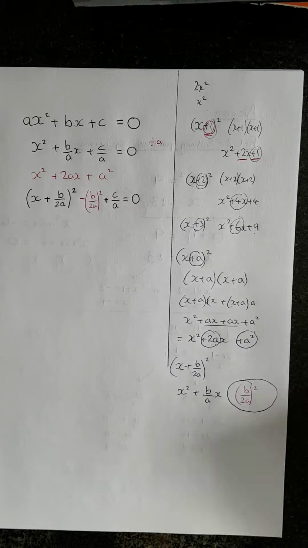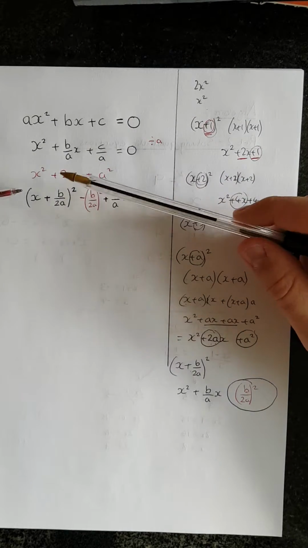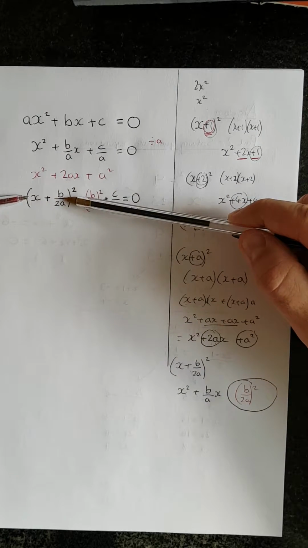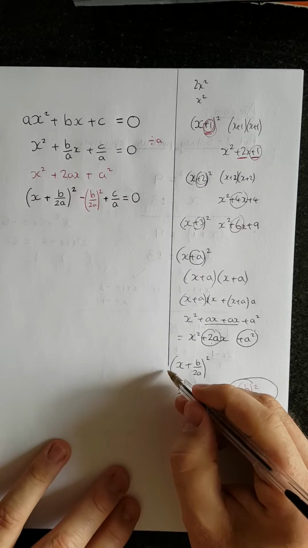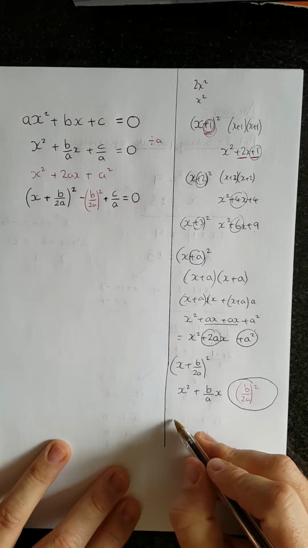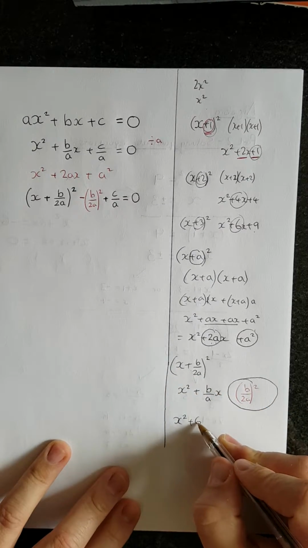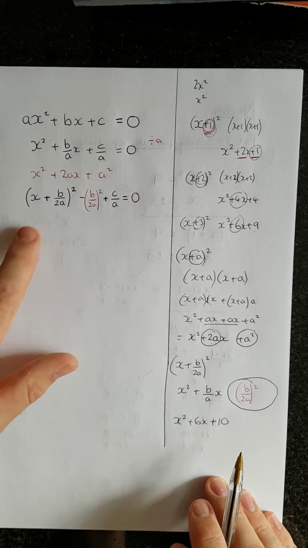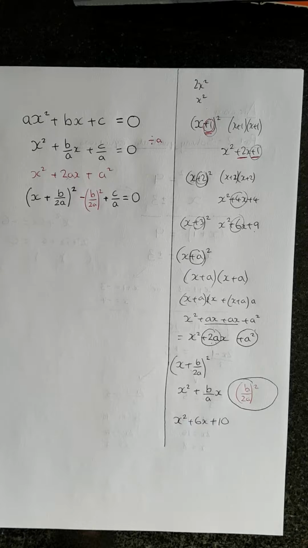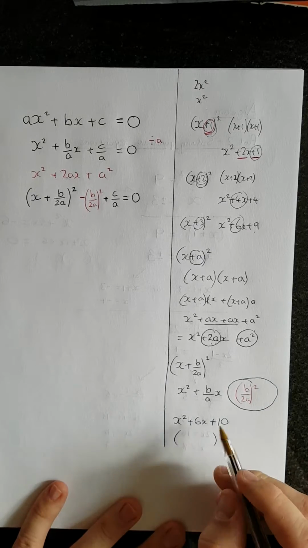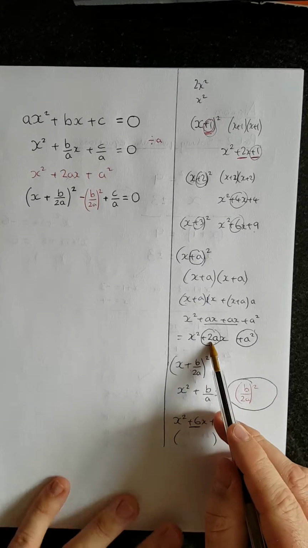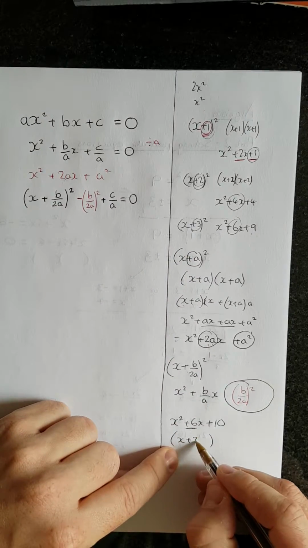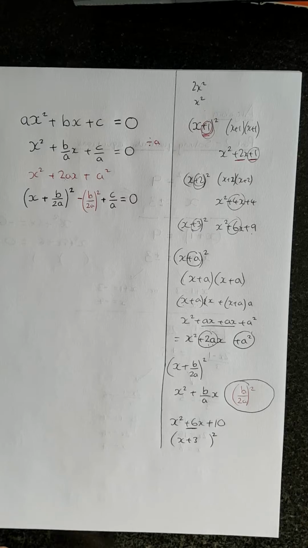Now getting this into a bracket has been really fiddly then, because if this had been 6, I'd have put 3 here. Let's do an example with numbers to help you. Let's try and put this into a bracket squared like we've just done there. I'd open the bracket and go, this is 2a and I want a. So this has to be 3 squared. Done.